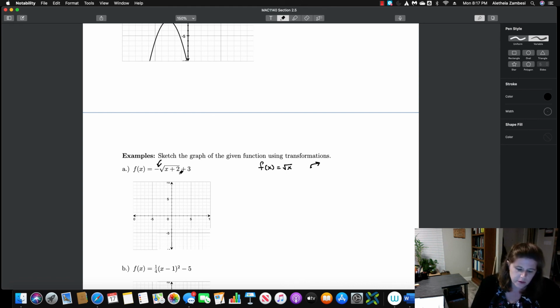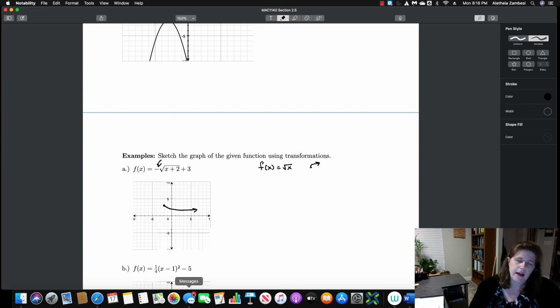So plus 2 means we're moving 2 units to the left, to the negative side. Plus 3 means we're moving 3 units up. So starting at 0, 0, 2 units to the left, 3 units up. Here is my starting point. Now that negative means I open down instead of opening up.